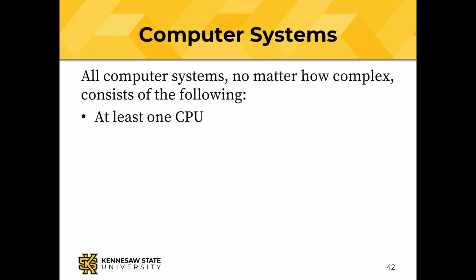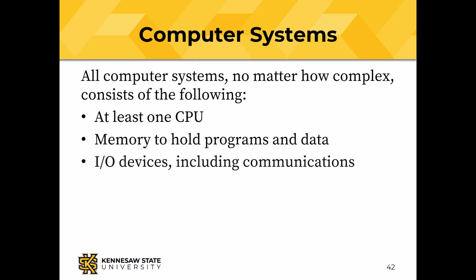All computer systems, no matter how complex, consist of at least the following. All computers have at least one central processing unit, some sort of memory to hold programs and data, some sort of input and output mechanism, and some mechanism for long-term storage. Now let me say, if you bought a microwave oven anytime since about 1980, if you have an older one, please pitch it.